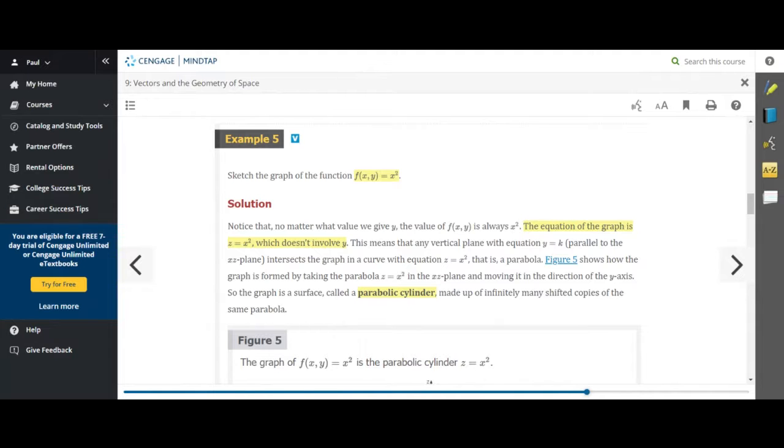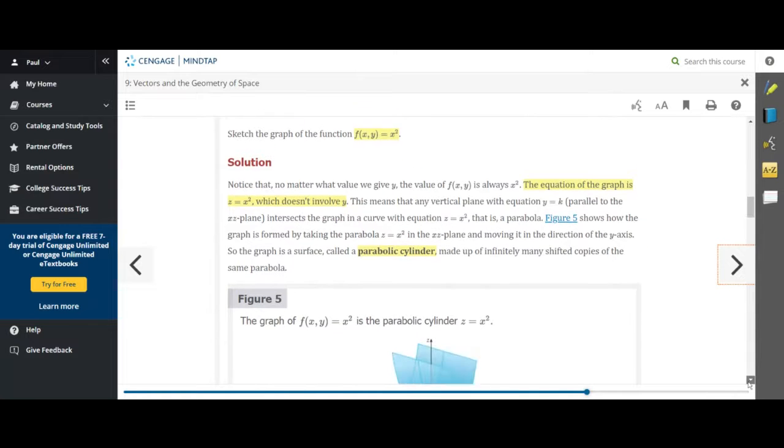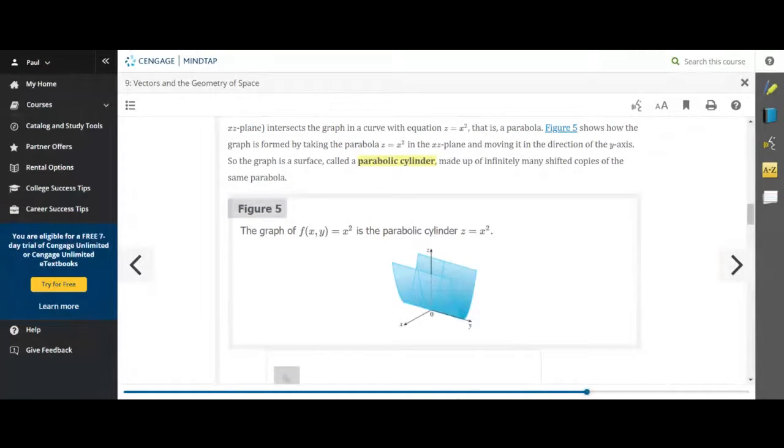If we were to graph this function, for every y value, z equals x squared. So think about taking z equals x squared and moving it along the y-axis. For every value of y, z equals x squared. If you put all those parabolas together and attach them, you get what's called a parabolic cylinder.